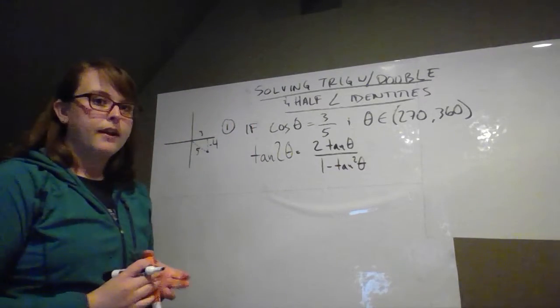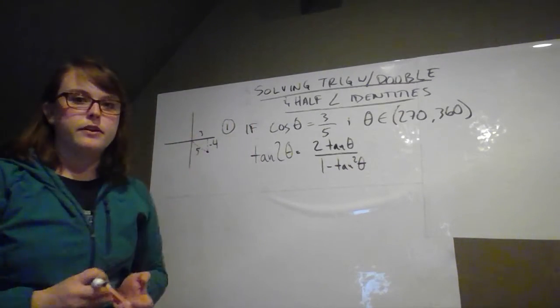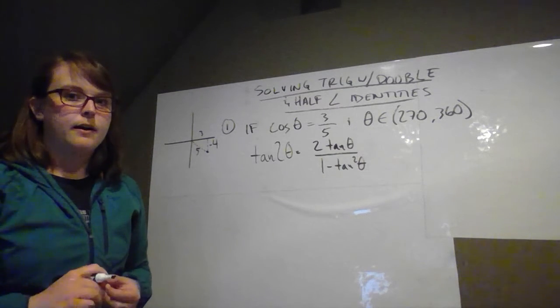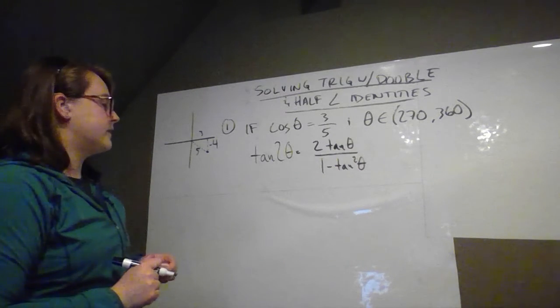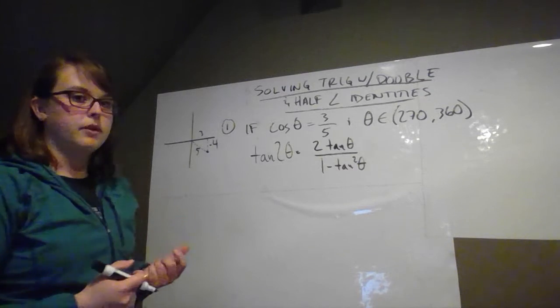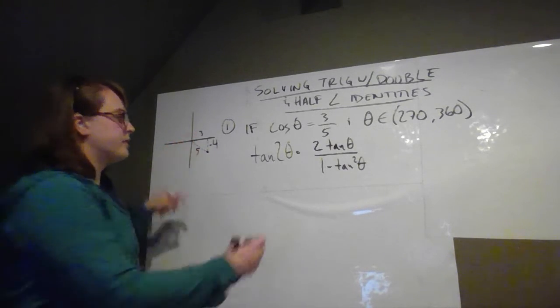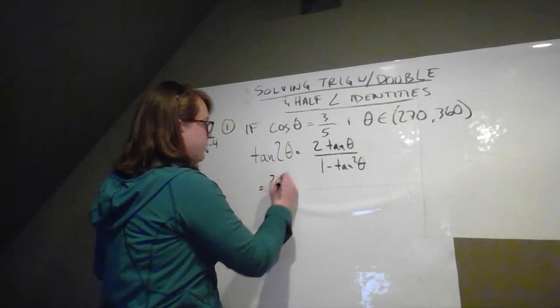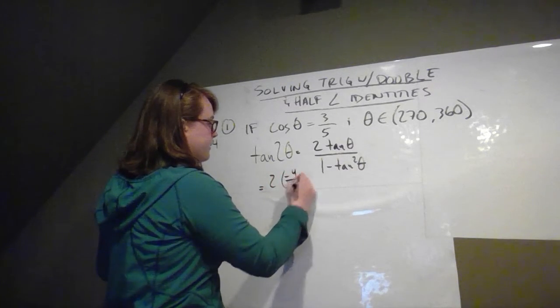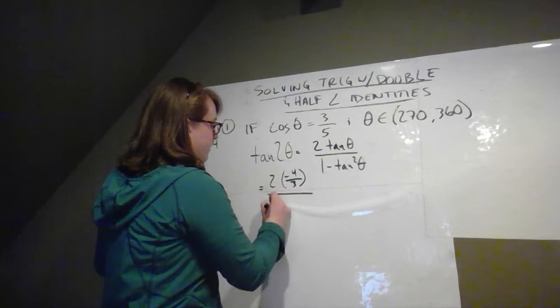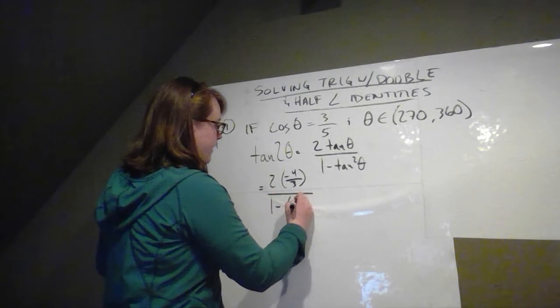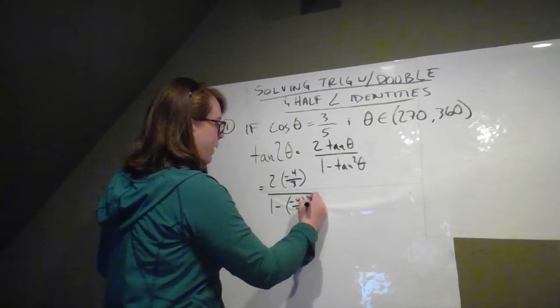Okay, so again, we've got our triangle drawn over here, so that's nice and helpful. We're just gonna figure out what tangent is and plug it in. So tangent is opposite over adjacent, so that's negative 4/3. So in this case, 2 times negative 4/3 over 1 minus negative 4/3 squared.